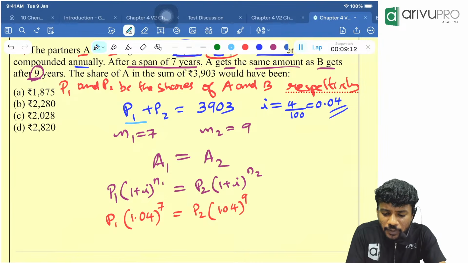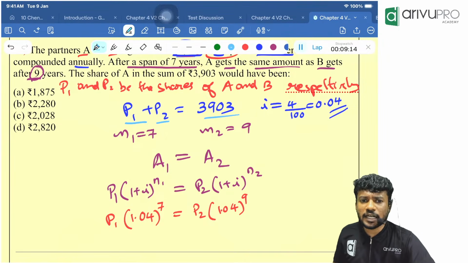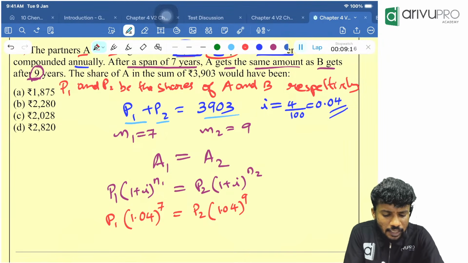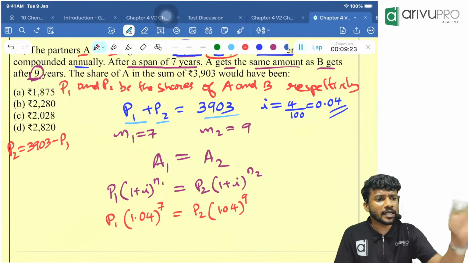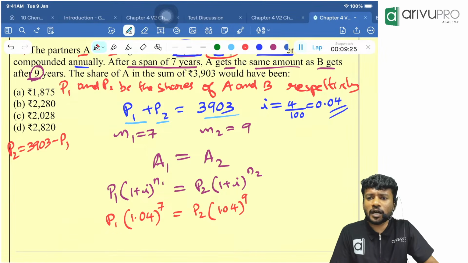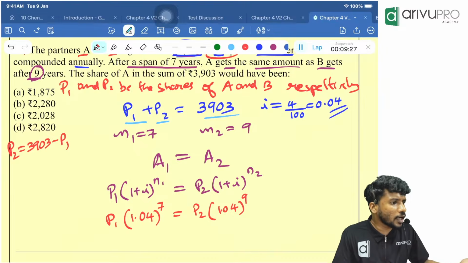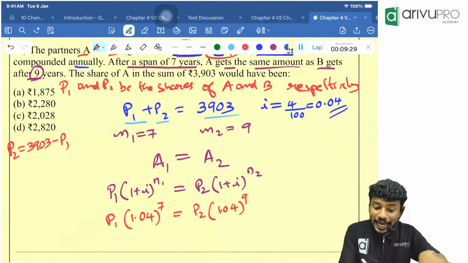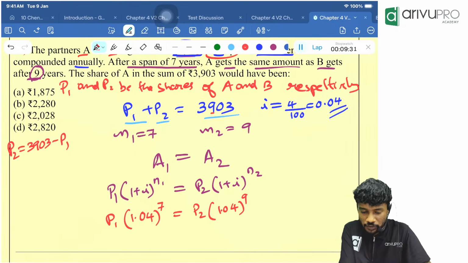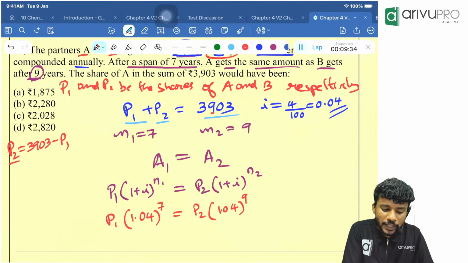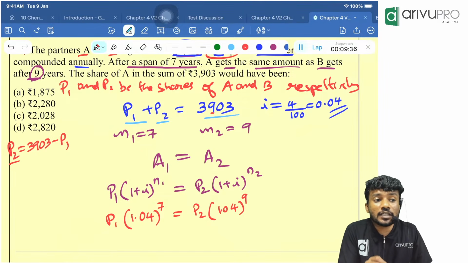Since P1 plus P2 is equal to 3903, can I say P2 is equal to 3903 minus P1? Yeah, because I can take it the other way. A plus B is equal to 100 means B is equal to 100 minus A. Similarly, P1 plus P2 is equal to 3903, so P2 is equal to 3903 minus P1.